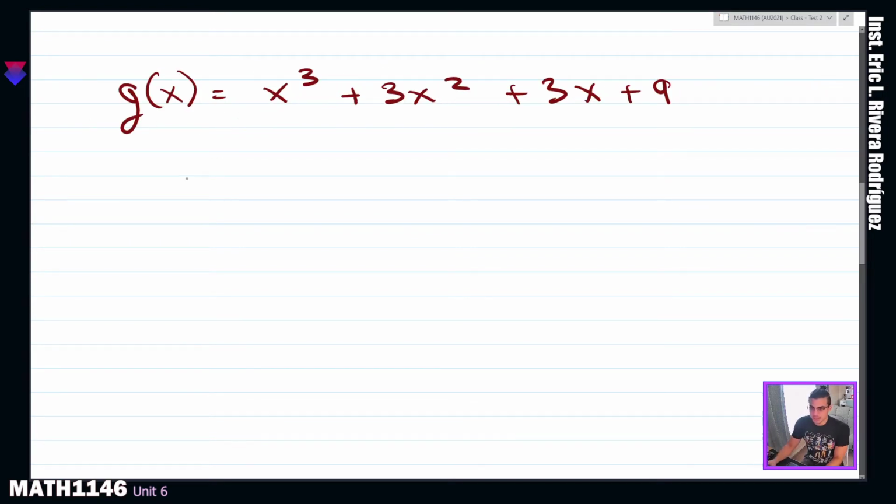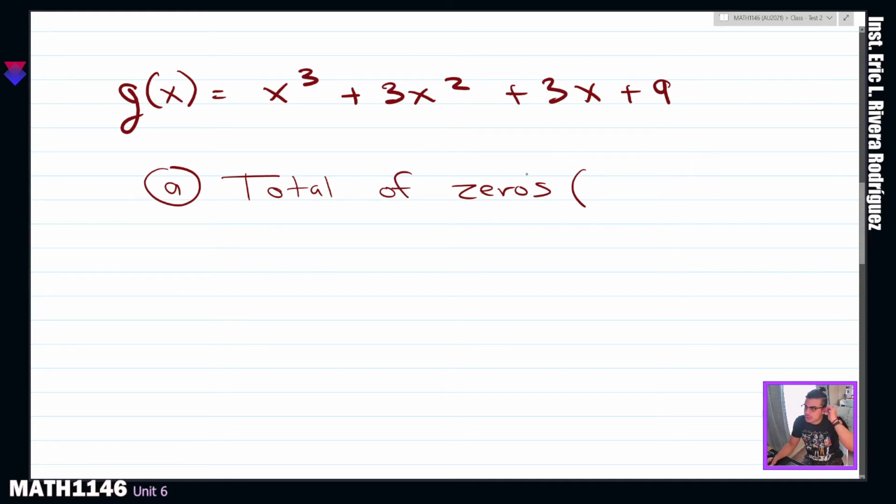First thing that we are going to identify is the total of zeros. See that I am not saying total of real zeros or complex zeros. When you see total of zeros and I don't specify what type of zero we are looking for, we are going to assume that we are talking about the real zeros and the complex zeros. Complex zeros is another way to refer to imaginary numbers.